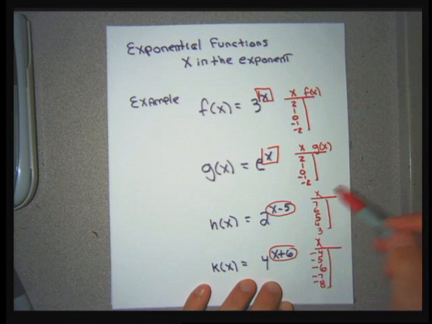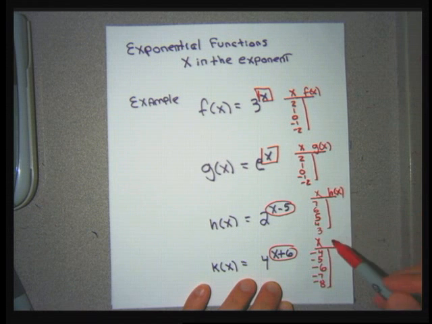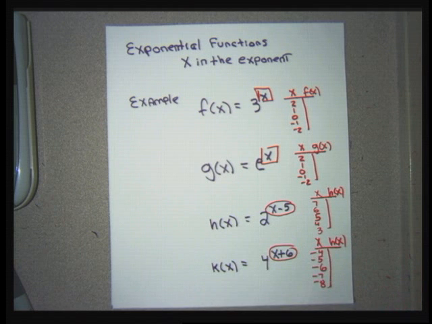So for these four functions, if I was asked to make a graph by hand, making a table of values, these would be the tables I would use. These certainly aren't the only tables that would make reasonable graphs, but if you use those, you'll get a reasonable graph.